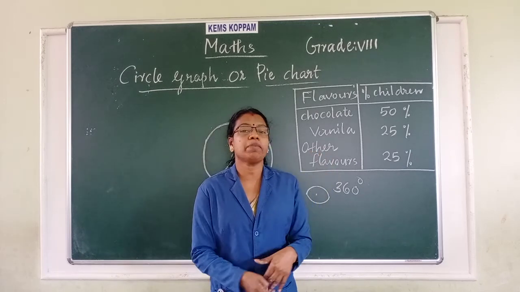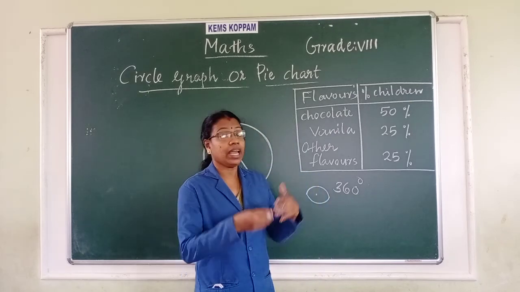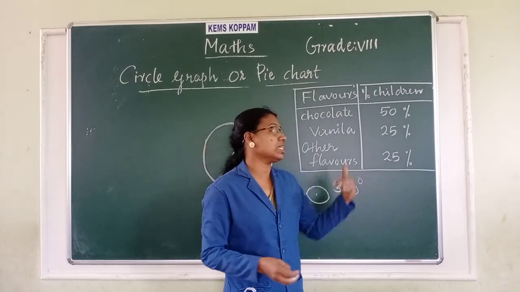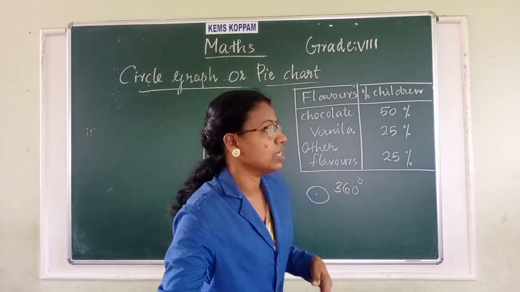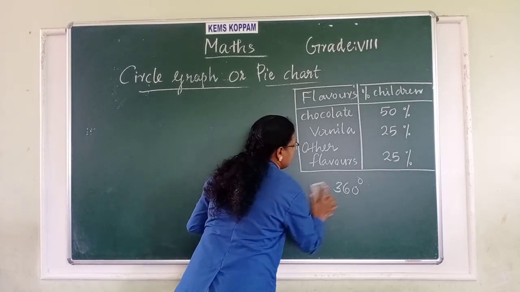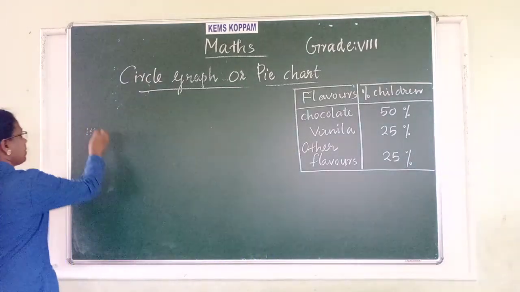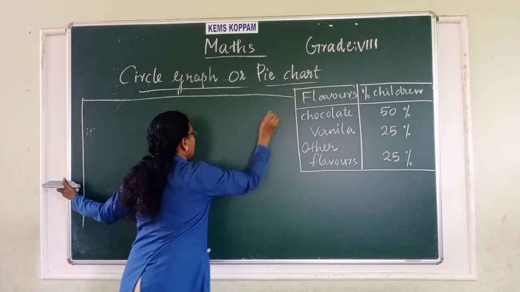So for drawing a pie chart, first we have to make a 4-column table using the given information. Let us make the table. Just draw a table with 4 columns.